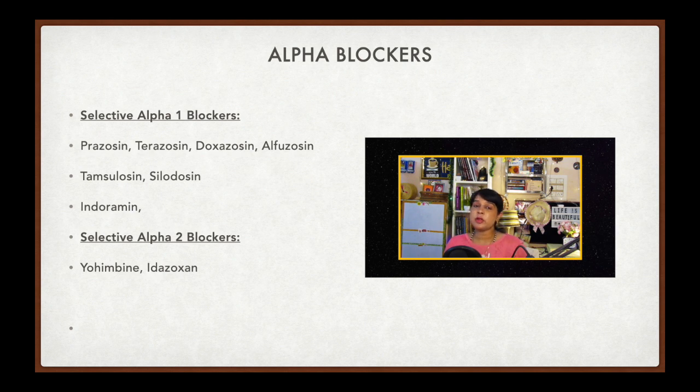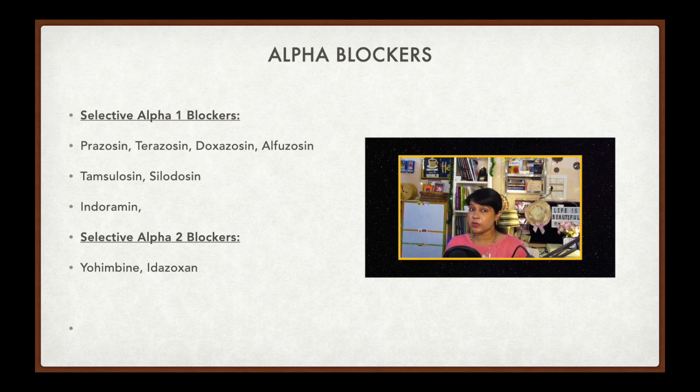And they are preferred for the treatment of benign hyperplasia of prostate. And they cause very little postural hypotension. Another side effect that has been seen is the floppy iris syndrome. That is an intraoperative side effect during cataract surgery that has been observed with this drug, tamsulosin.